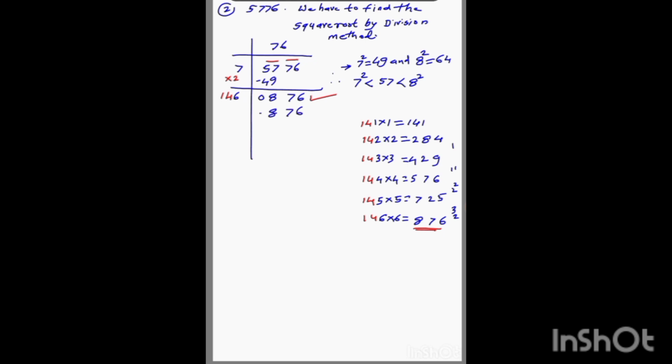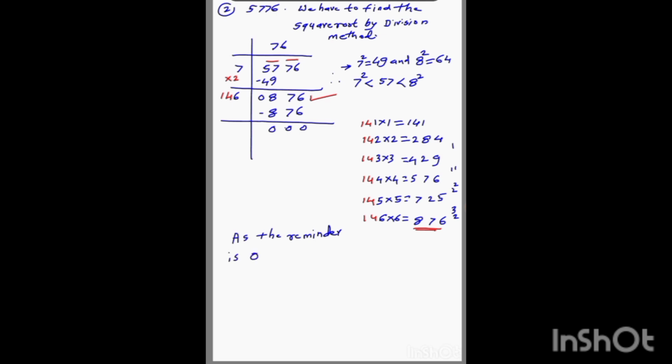Now subtract it. So you get 000. The moment you get 000, your problem is solved. Now you can state that the remainder is 0. Then the given number, 5776, is a perfect square.